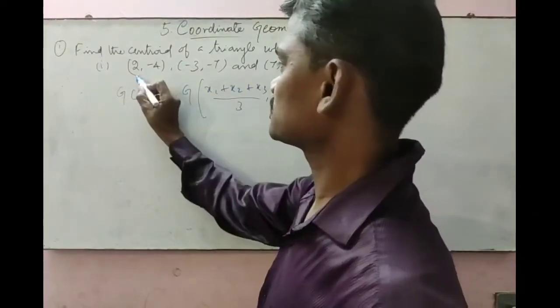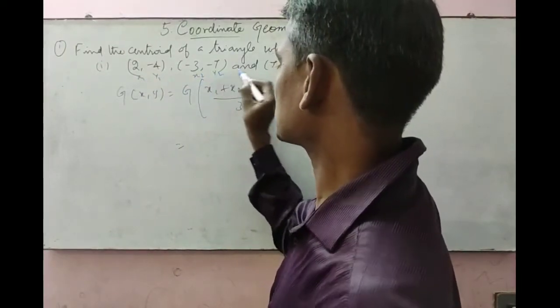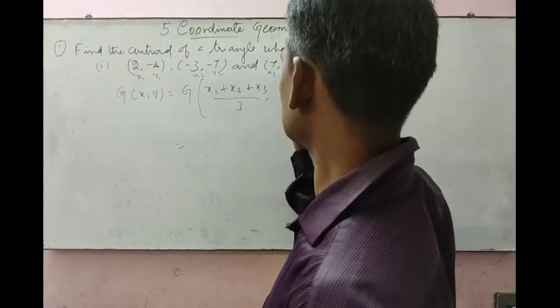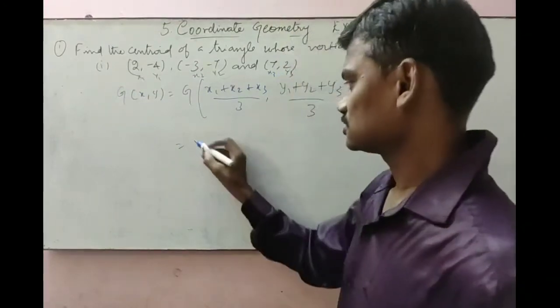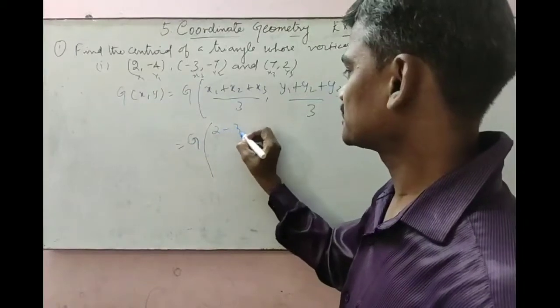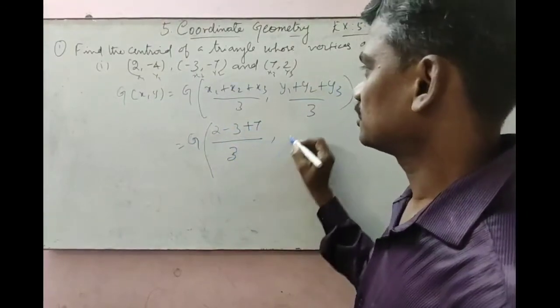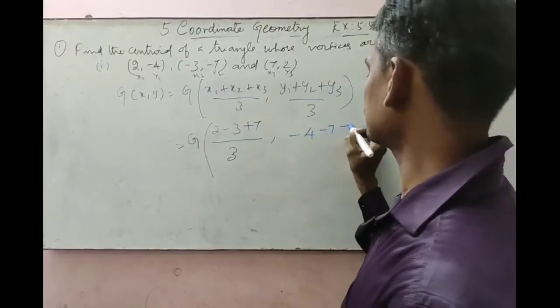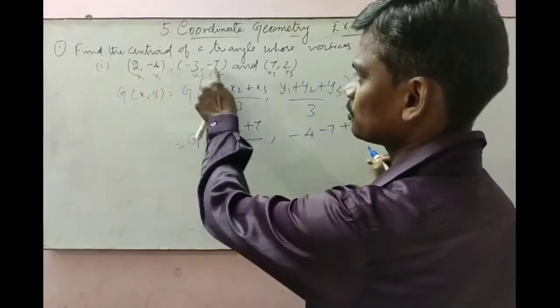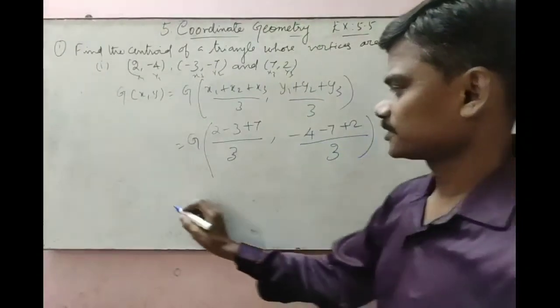We assume the first coordinate as x1, y1, the second as x2, y2, and the third as x3, y3. Just by substituting and simplifying you will get the answer: (2 minus 3 plus 7) by 3, (minus 4 minus 7 plus 2) by 3.